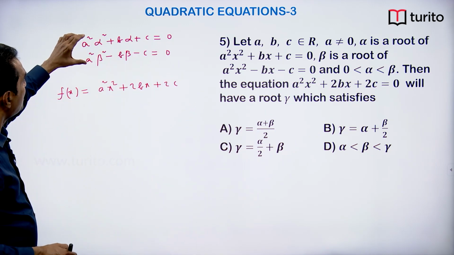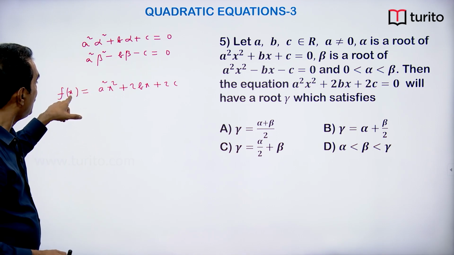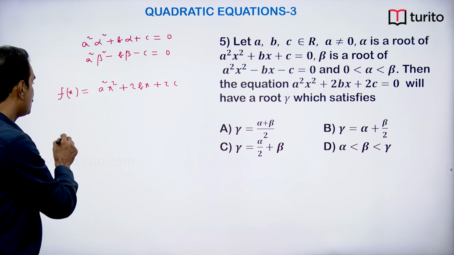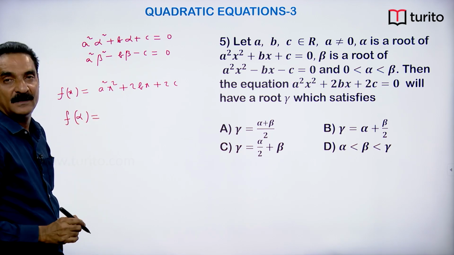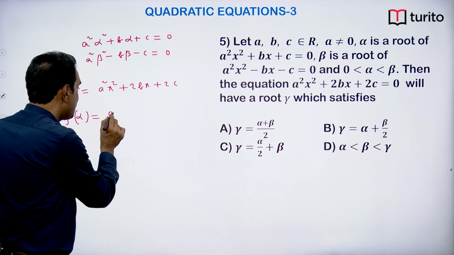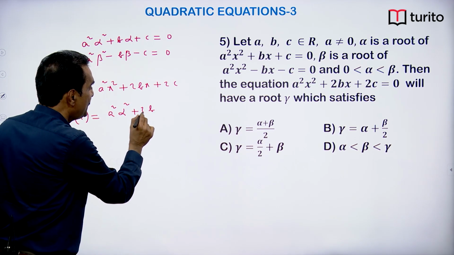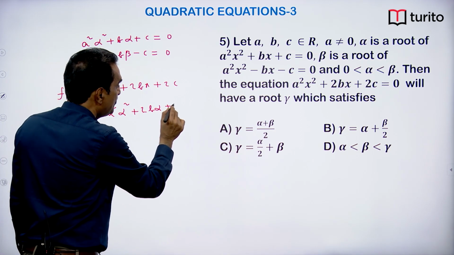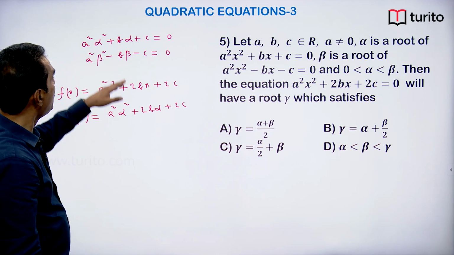Now, I want to use these conditions. How can I use them? Substituting alpha and beta in this. So, I will find f of alpha. f of alpha is a square alpha square plus 2b alpha plus 2c. Now, I have to use this condition.